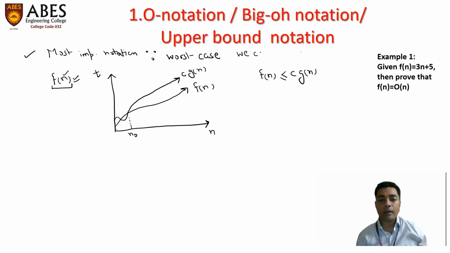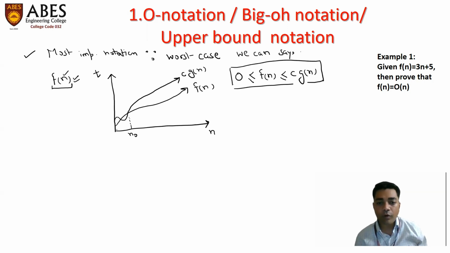We can say this fn is less than equal to cgn, and this fn is greater than equal to 0. We can establish this. This is the mathematical formula for big O notation, if and only if n0 is less than equal to n for some positive constants.